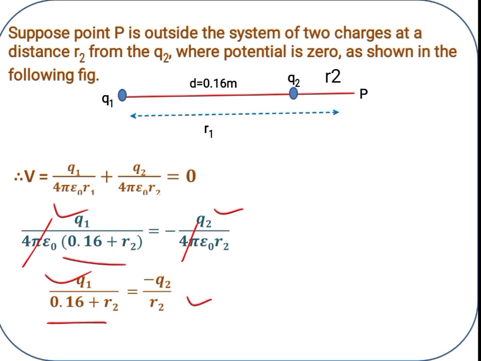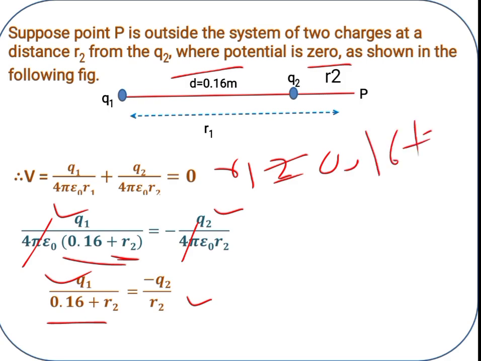Why R2 here? Because carefully see what R1 is: R1 is this much plus R2, that is 0.16 plus R2. So this is the total R1.